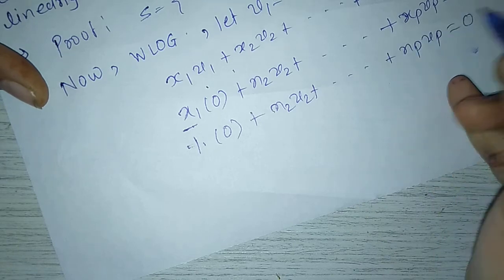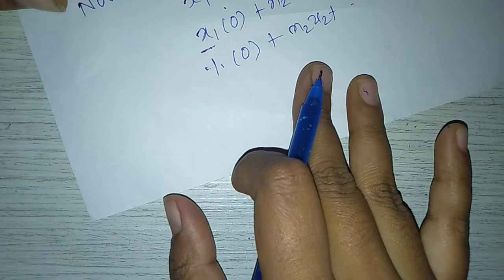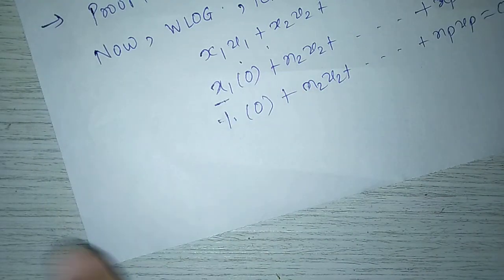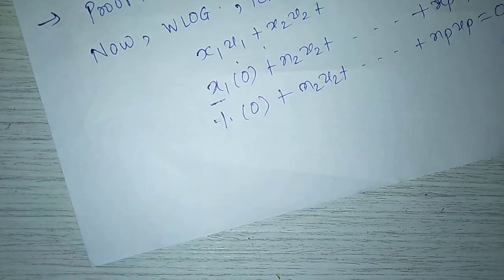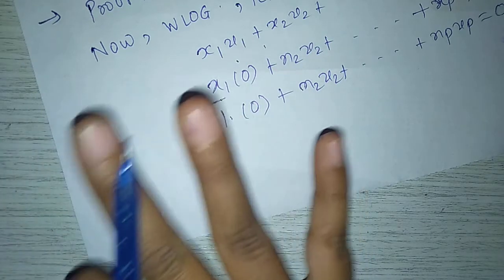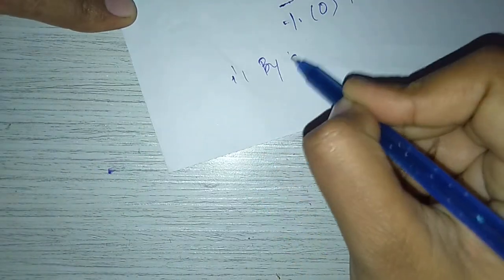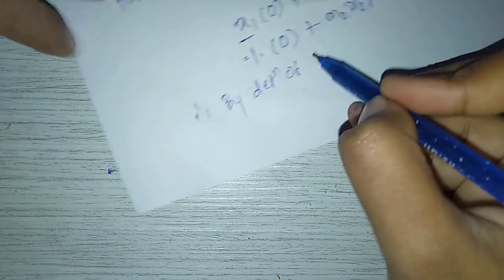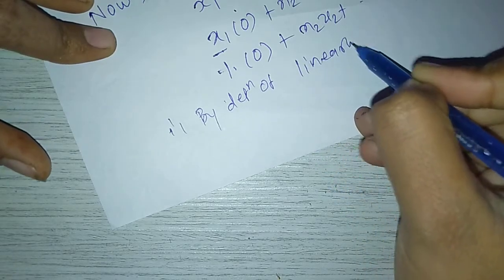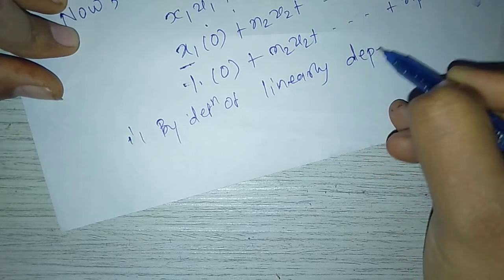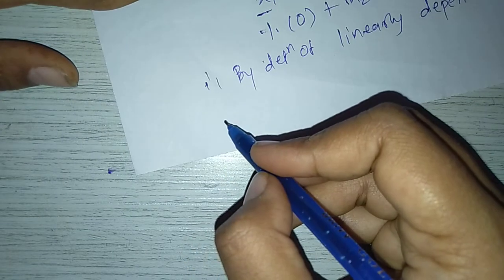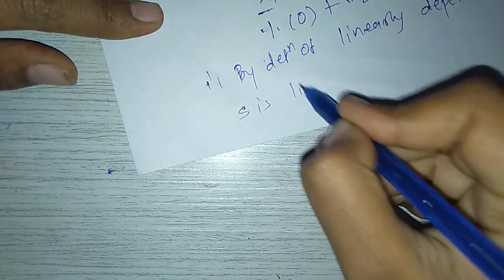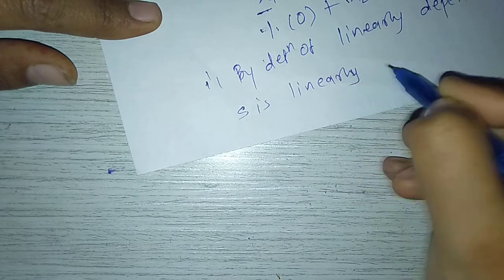This shows that S is linearly dependent because one constant value is 1 which is not equal to 0, and by definition of a linearly dependent set, S is linearly dependent.